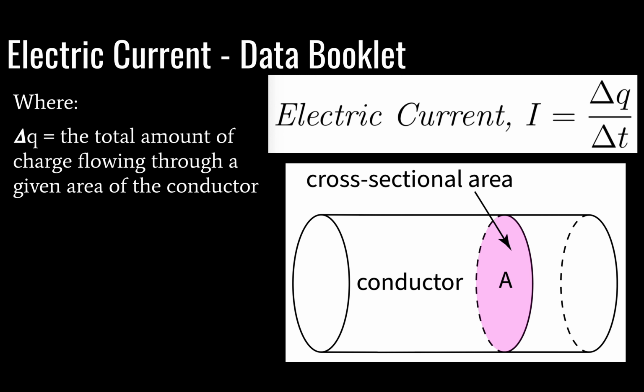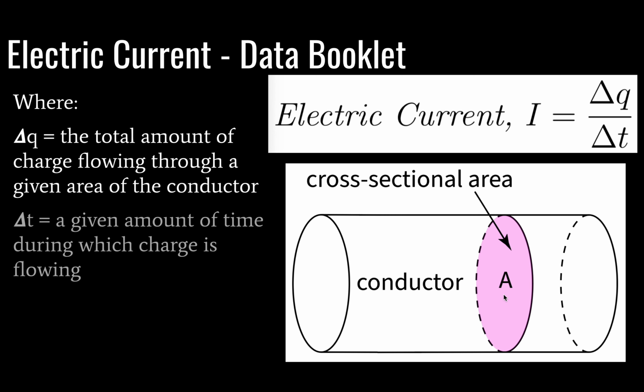Okay, so delta Q is the total amount of charge flowing through a given area of the conductor. So you just pick a spot in your wire or other conductive substance, and then you measure the amount of charge going through there in a certain amount of time. And that will give you your charge, okay? And this formula is going to be quite useful.